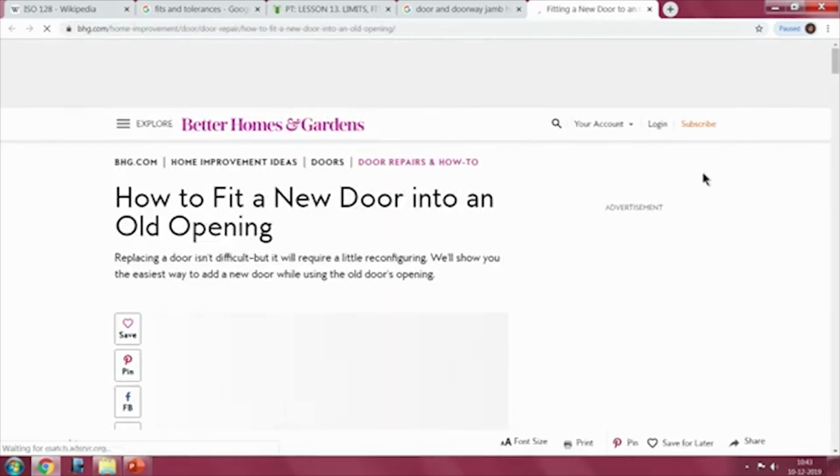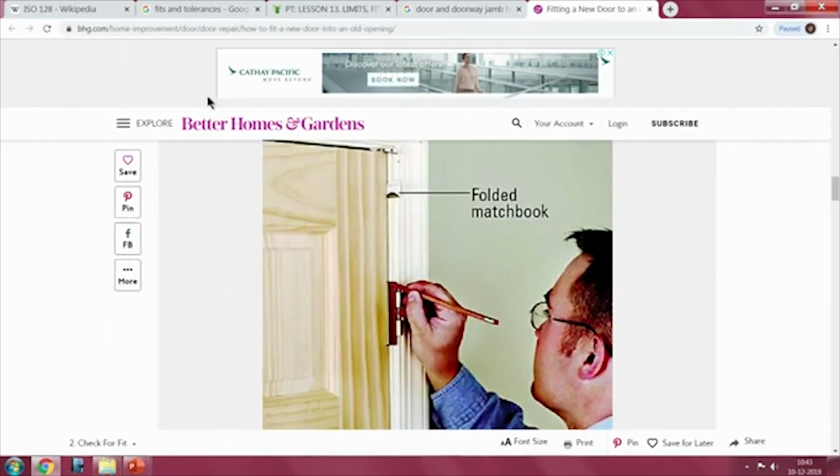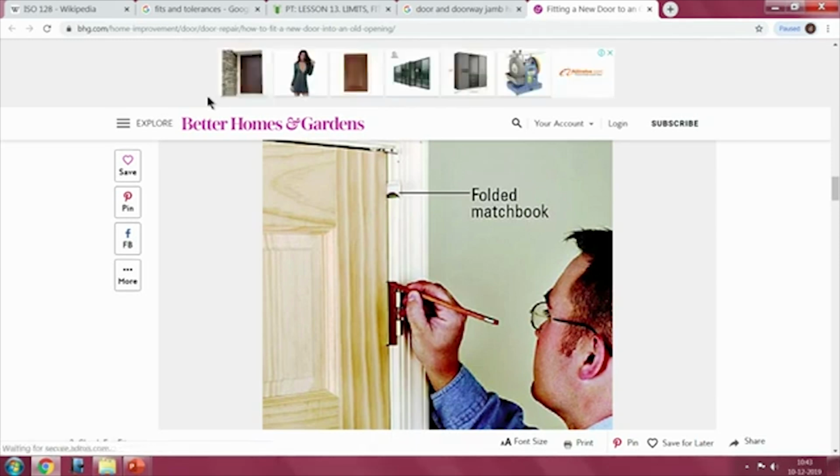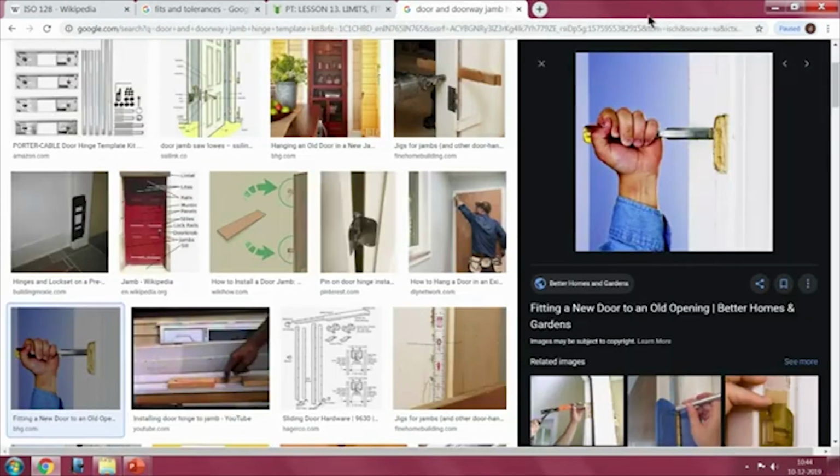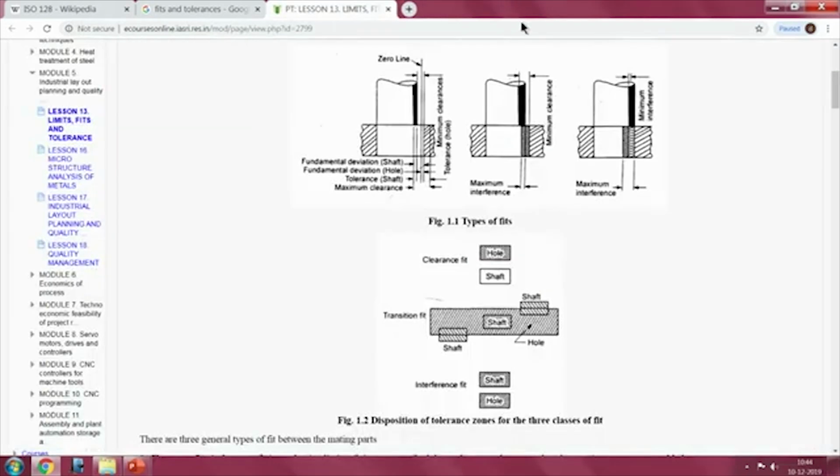In the case of wooden doors, probably the frame is fixed already, or in our case, we call it a hole based system. So, the frame typically represents the hole, and then the part that goes inside is the shaft. Over the years several of these things have been represented such that they are universal.